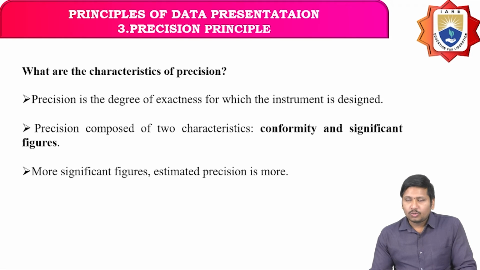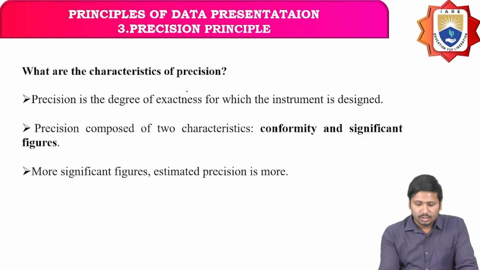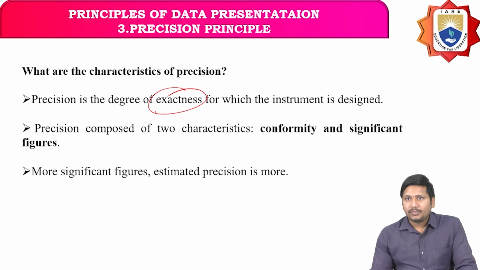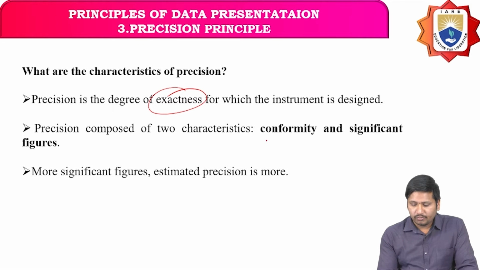Next, we are going to see the characteristics of precision. Precision is the degree of exactness to which the instrument is designed. So exactness is the measure to be considered when the instrument is designed. Precision consists of two characteristics: first, conformity, and then significant figures.